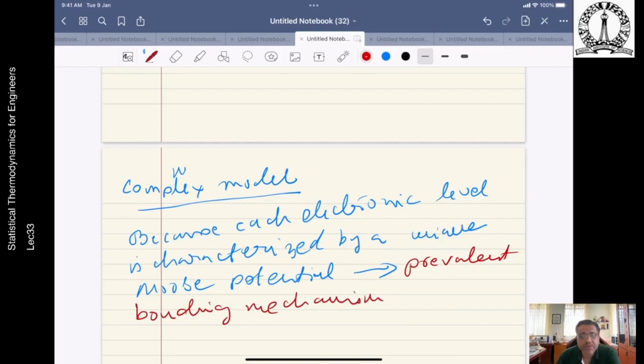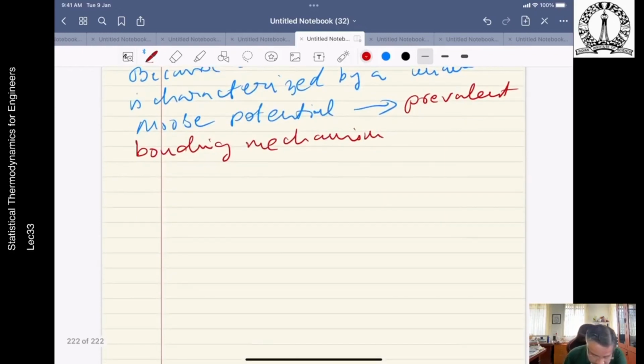So we can write the internal energy as TE plus GV plus FVJ.